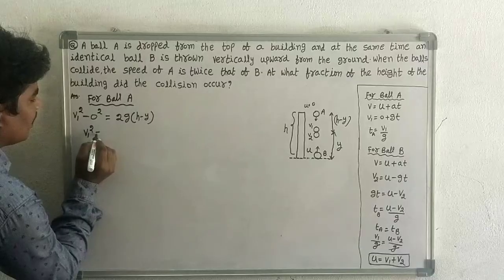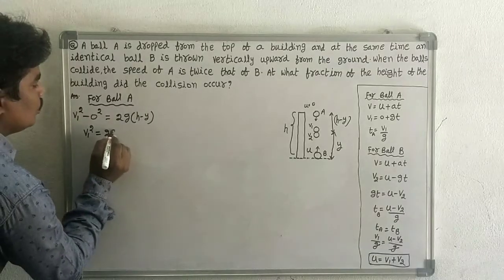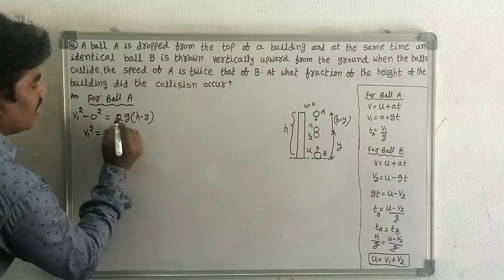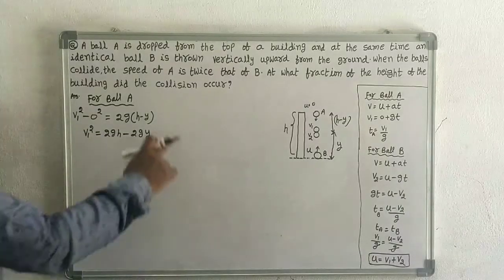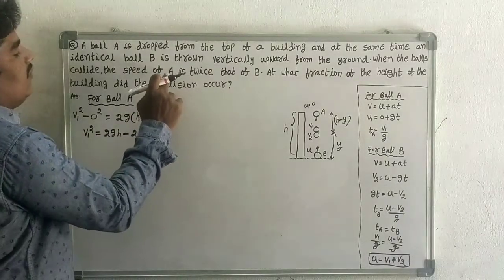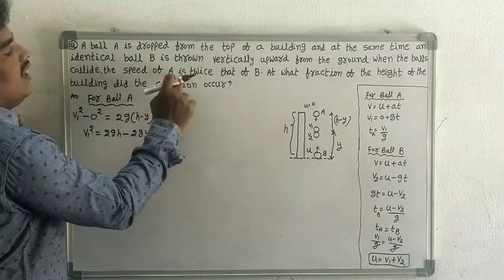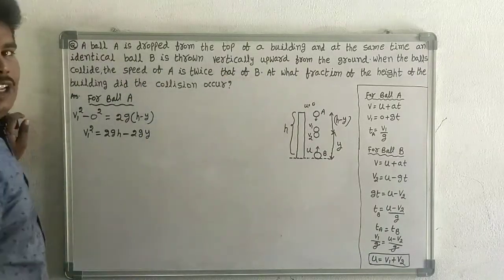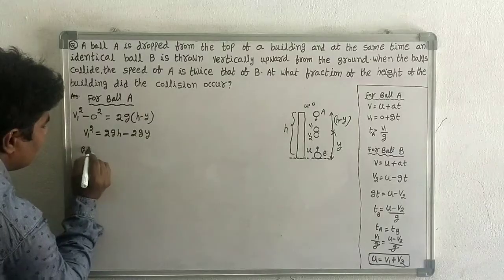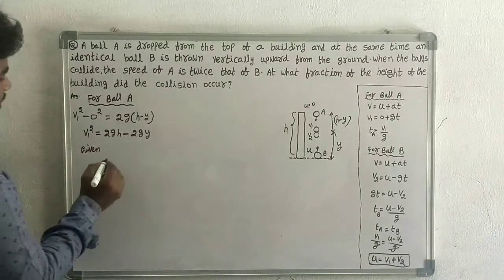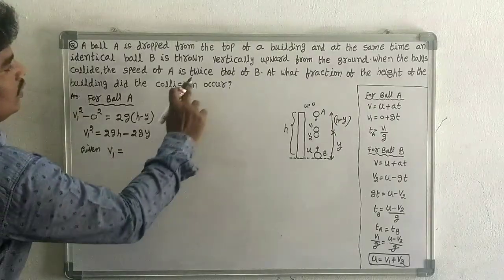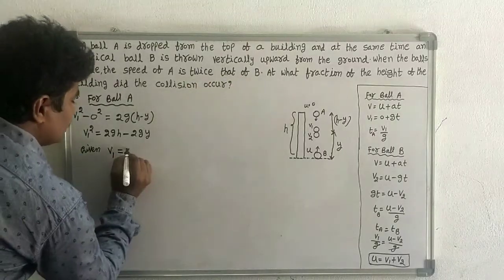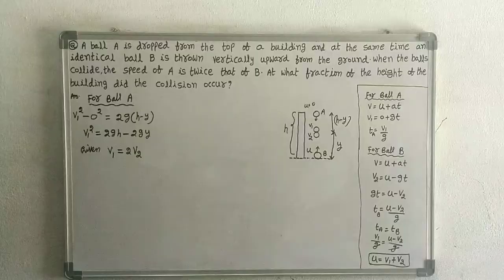We solve this equation: v1 square is equal to 2gh minus 2gy. But in the problem, it is given that the speed of A is twice that of B. So v1 is equal to 2 v2.